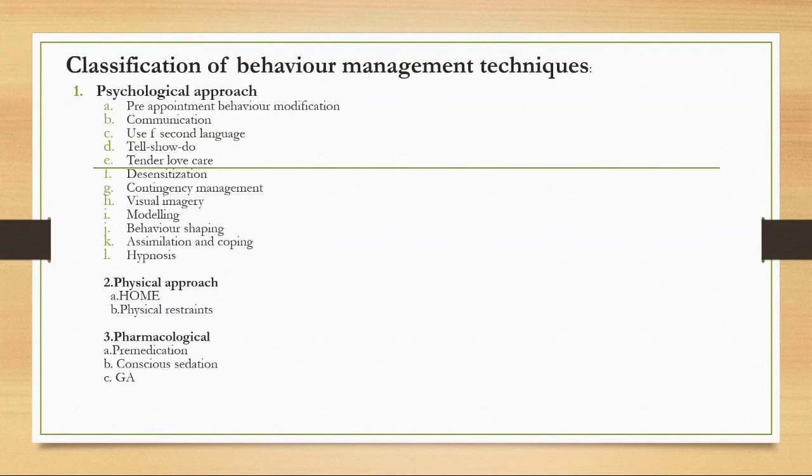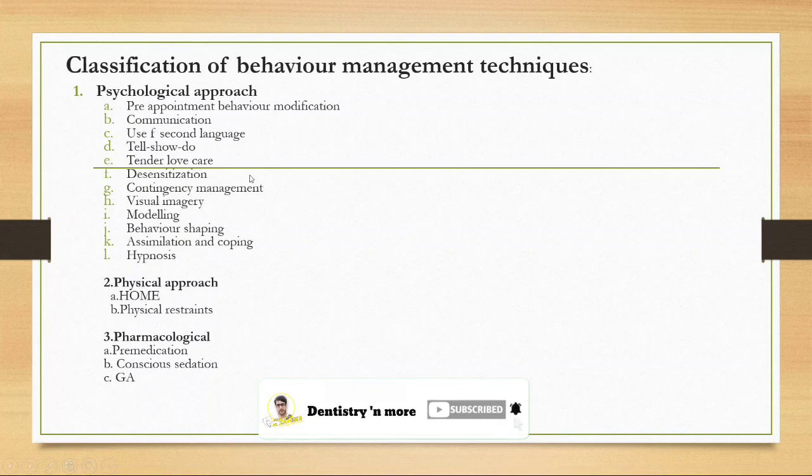Now we are into the most important section of this chapter, that is the classification of behavior management techniques. You will definitely get one question. It could be a long essay, short essay, or short note from this section in Pedodontics. So we have basically three categories in behavior management techniques: psychological, physical, and pharmacological.